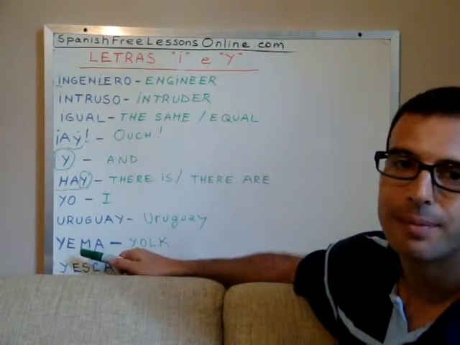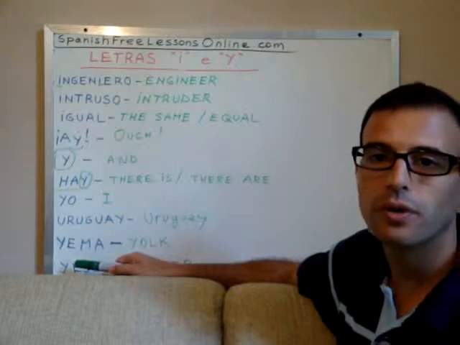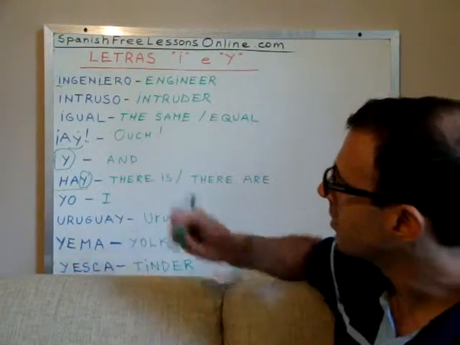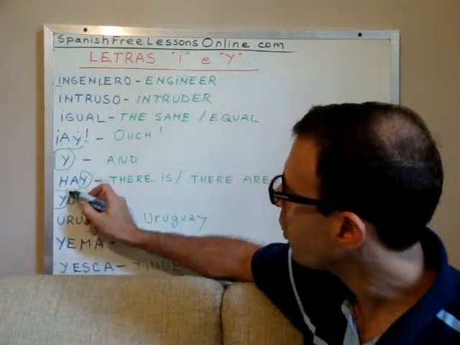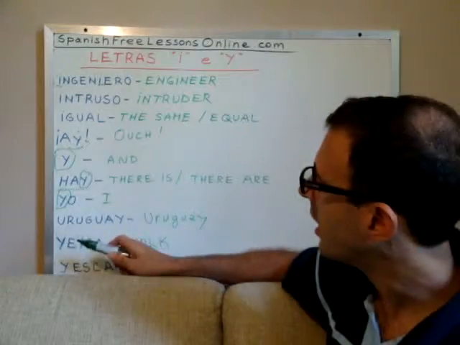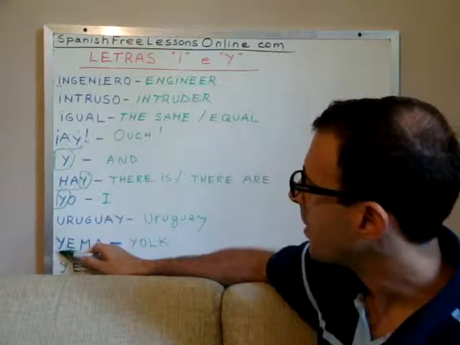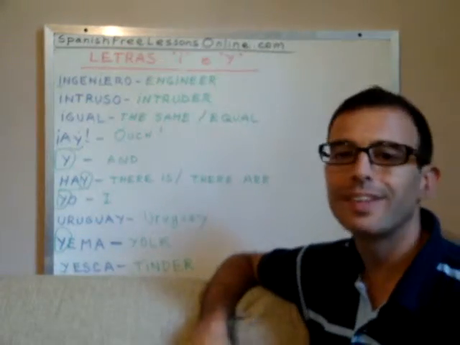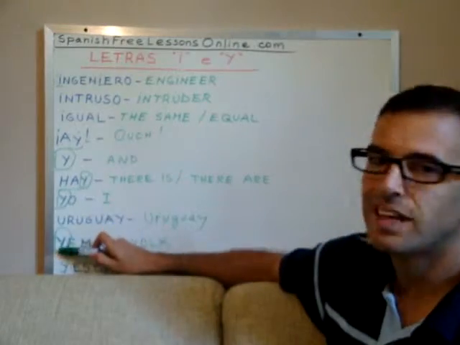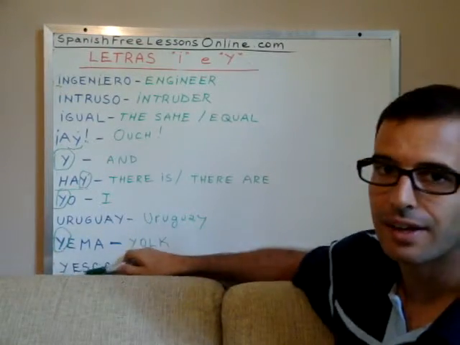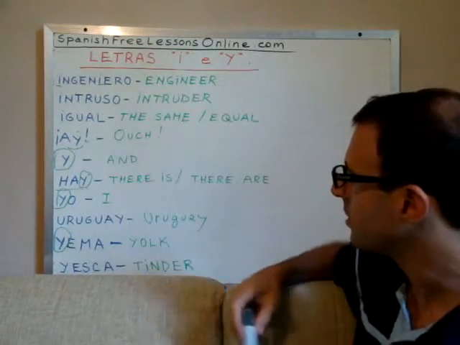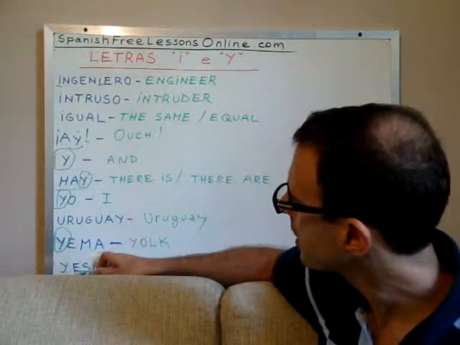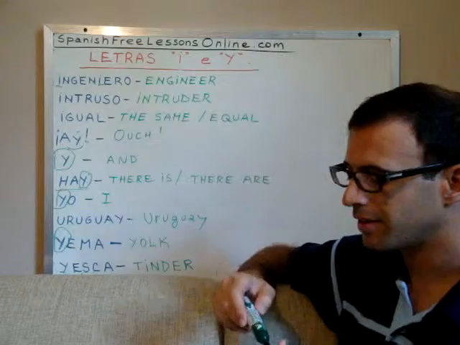Yema. Yema is yolk, the yolk of an egg, okay? Yema. So here, letter Y is followed by a vowel in the same word, okay? So it's yo, yema, yesca. Yesca is tinder, to light a fire, okay? Yesca.